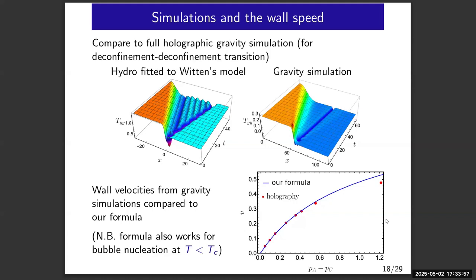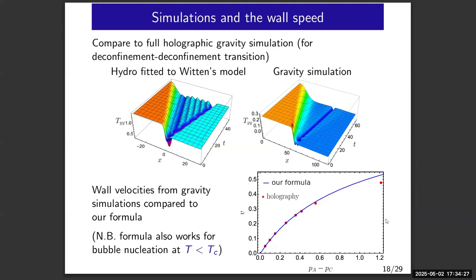What is the experimental behavior? Right. Like the lattice result for Yang-Mills, say P over T to the 4, it looks something like this. It's very small, and then it starts to grow at T equals TC.